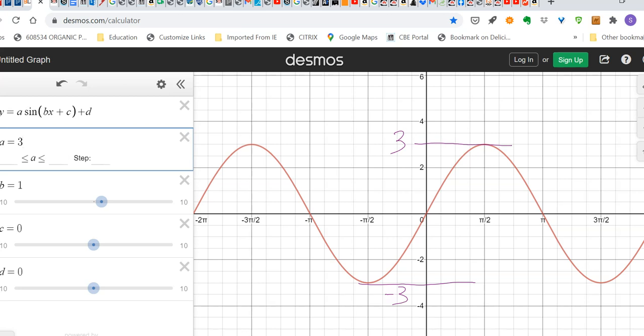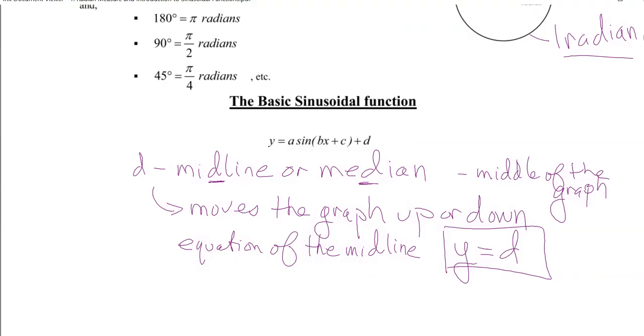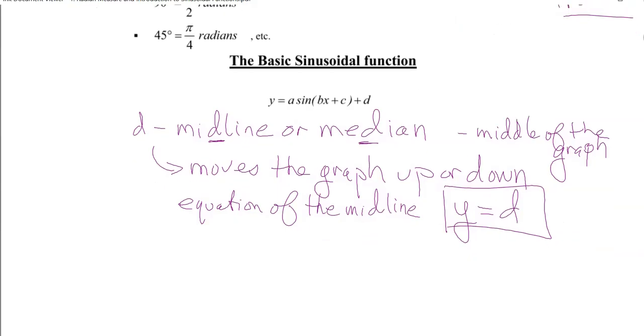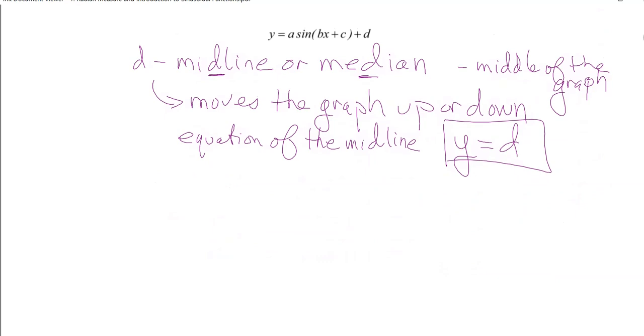So A is called the amplitude. Going back to the notes here, D is for midline or median, A is for amplitude. It leads off with an A, kind of handy.